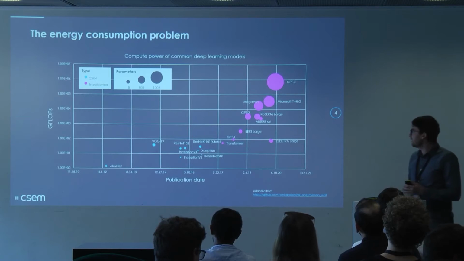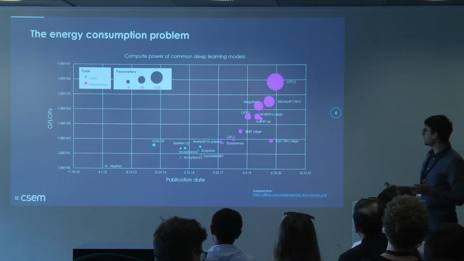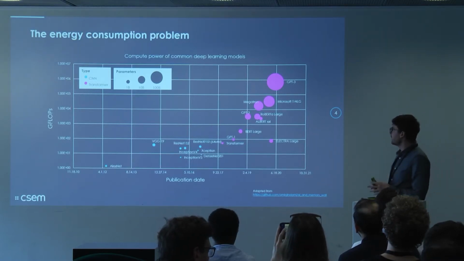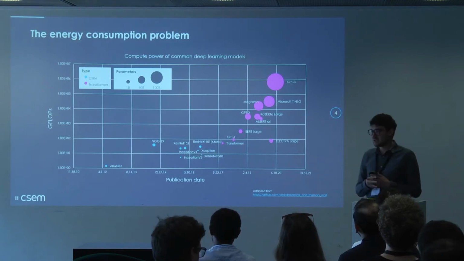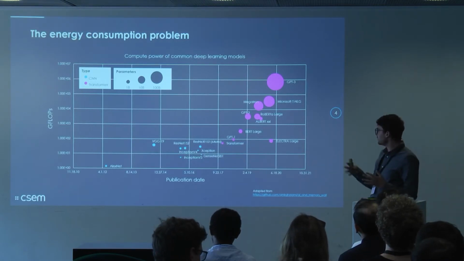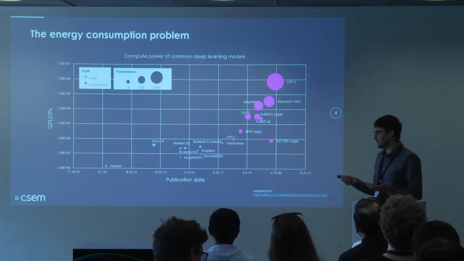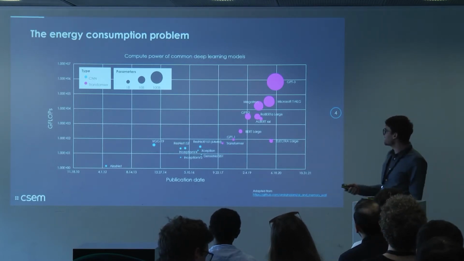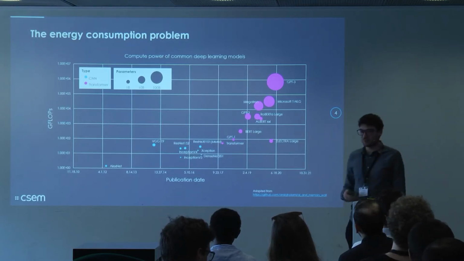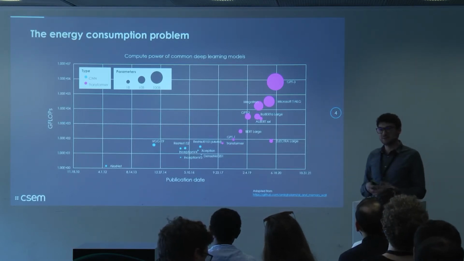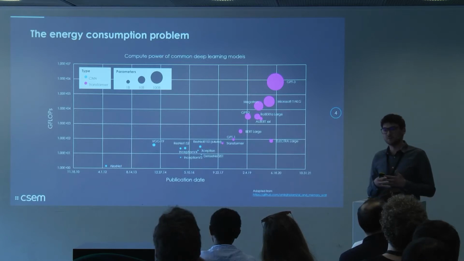But first, maybe I will give you a bit of context. There is a huge problem of energy consumption in machine learning today. Since the beginning of the deep learning era in 2012, with AlexNet, the models have increased in computational complexity, and with it, the energy that they use to perform the predictions.